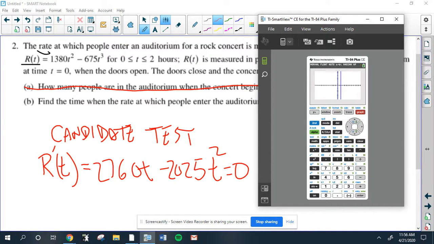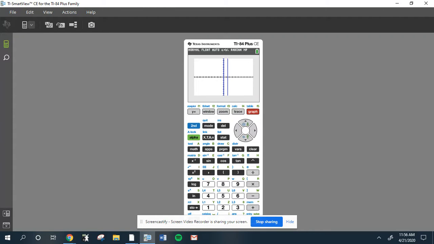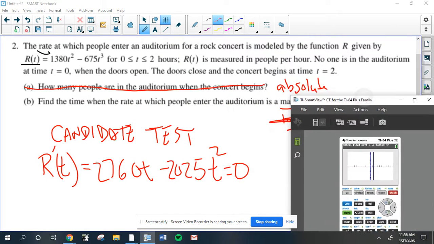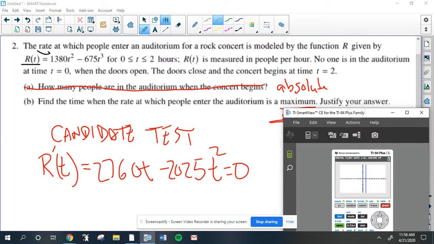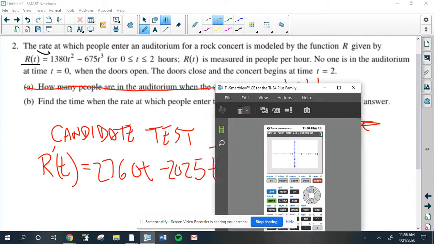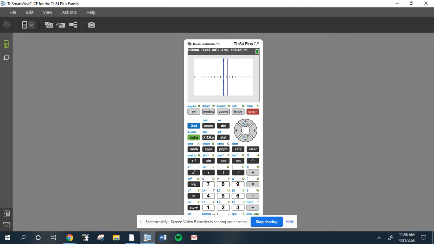So we're trying to figure out where this equals 0. Let's make this bigger. It looks like here and here. The derivative is 2760t minus 2025t squared. So I know 0 is one of them, and I don't really have to worry about that. I need to find this one right here.